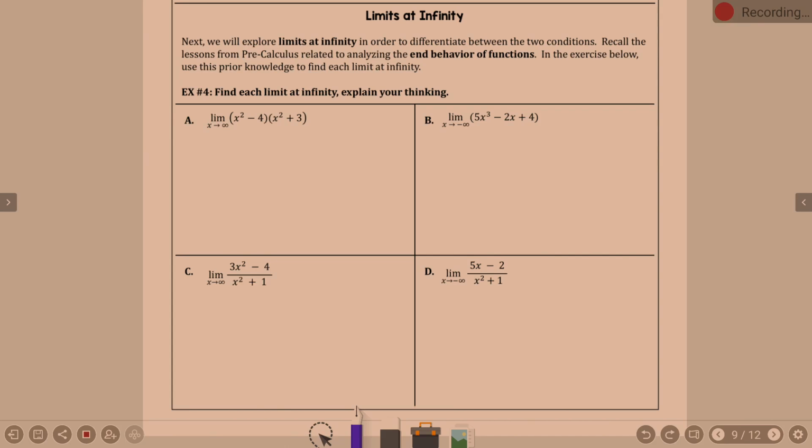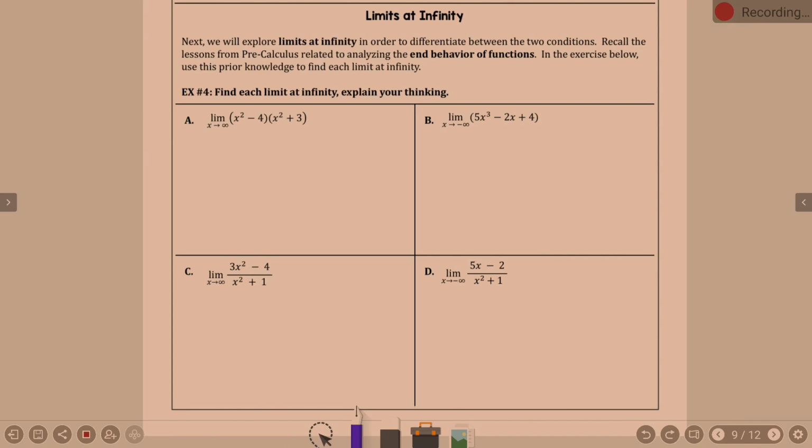As we look at example A, the limit as x approaches infinity of x squared minus 4 times x squared plus 3. If you were to FOIL this out, what would be my high power? It'd be x to the 4th.